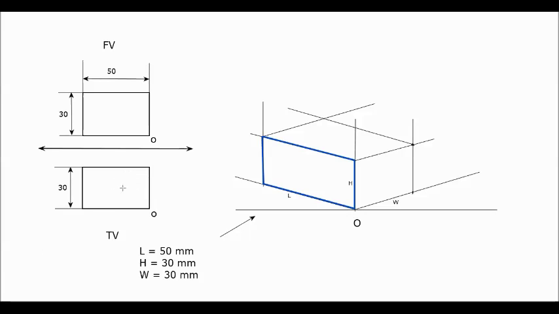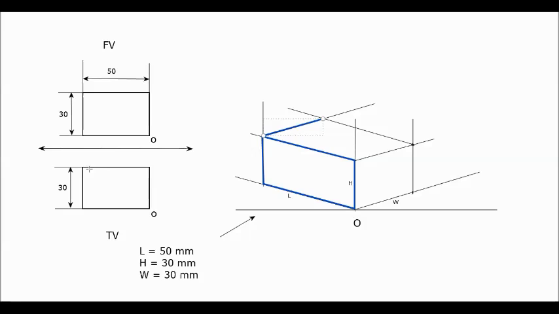Then if you observe the top view, in the top view also a complete rectangle is visible. For completing that rectangle, the base of the rectangle in the top view is already marked. Then the left side vertical edge in the top view in the width direction is completely visible, so we will mark that edge.